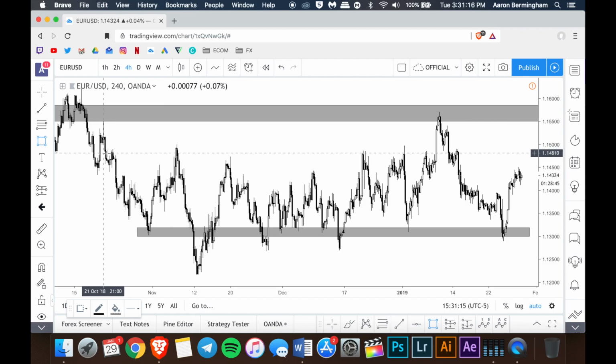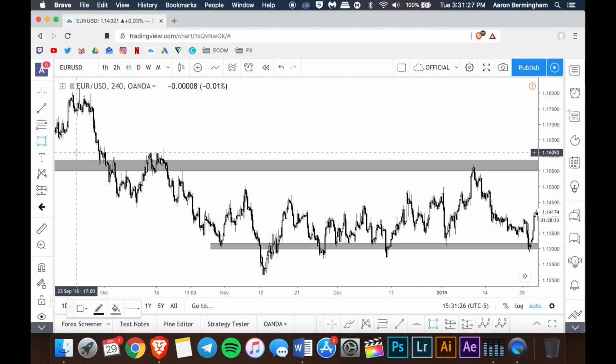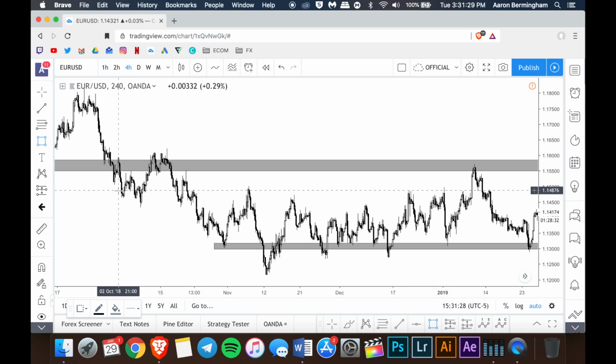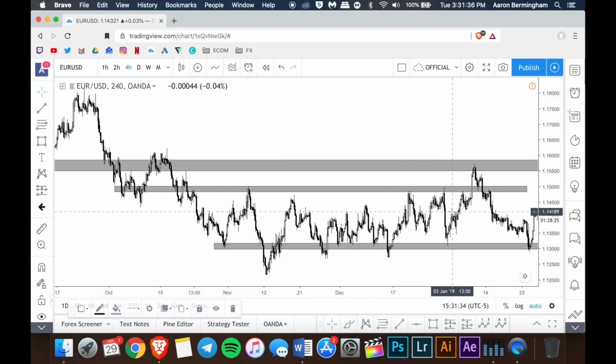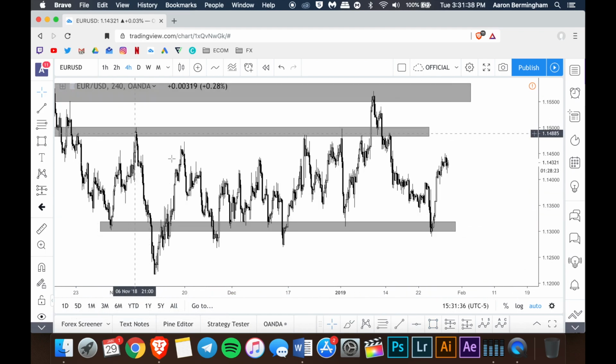So we got a little line right here, and you can see that you got 1, 2, 3, 4, 5 touches. And so what you do is you'll take your rectangle tool. Okay, whatever, we'll draw it. And then what you got is your consolidation zone.